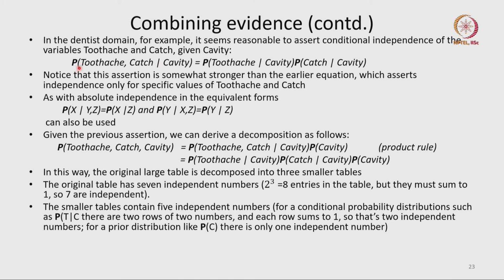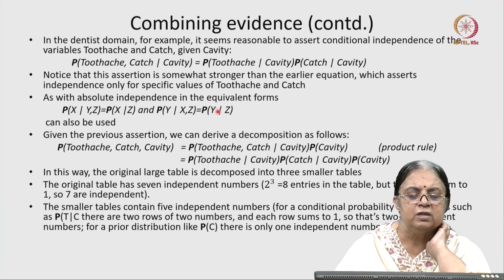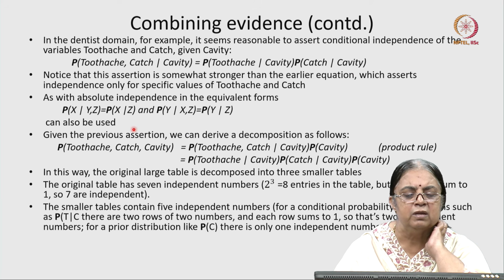So if we have P of toothache and catch given cavity, we can have the probability of toothache given cavity times the probability of catch given cavity, if they are conditionally independent.